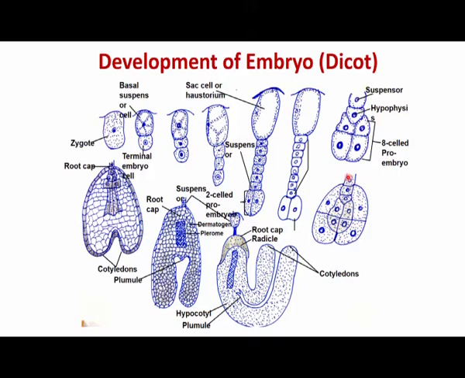Now, at this stage, the 8 protodermal cells divide by anticlinal division to form the embryonic surface layer, or the epidermis. The 8 inner cells divide in different planes to form the ground meristem and procambium of the cotyledon, hypocotyl and plumule.